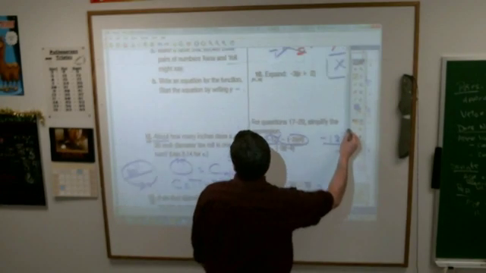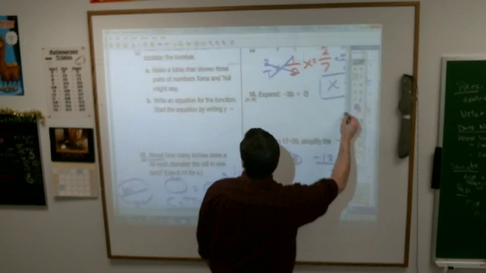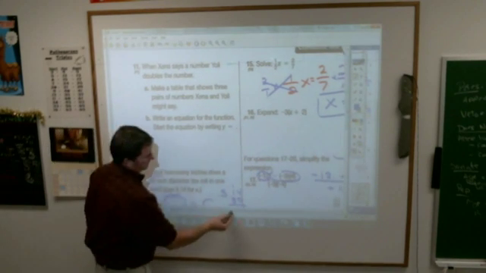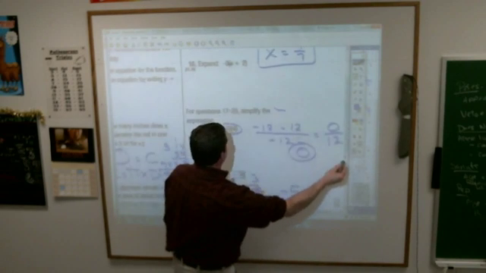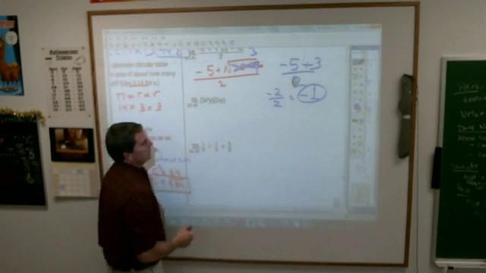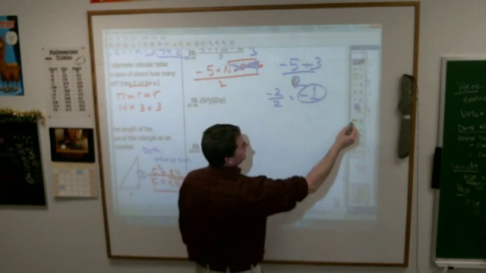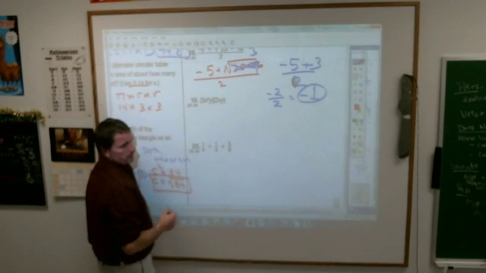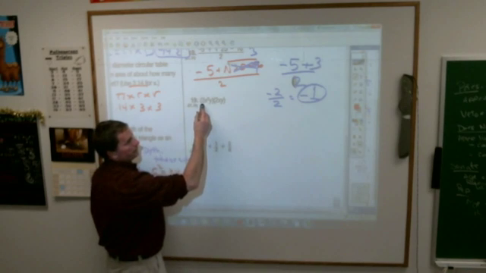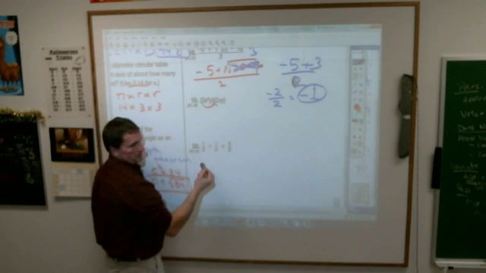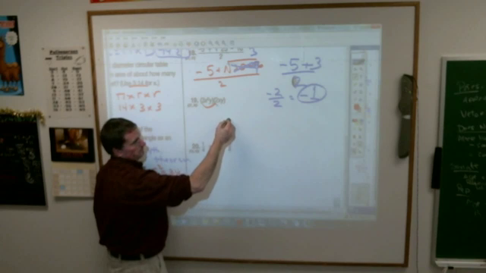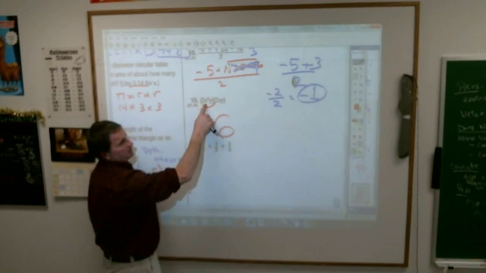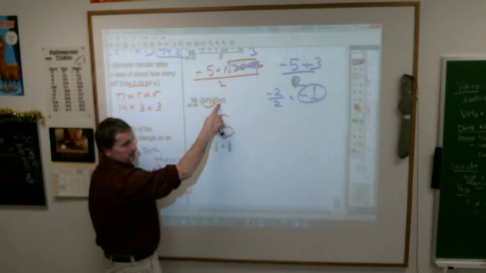Nobody has an issue with problem 11? 19. Yep, there we go. What did you get? Well, I just did it because I had no idea how to. Multiplying the numbers together, 3 times 2 is 6. x squared times an x.